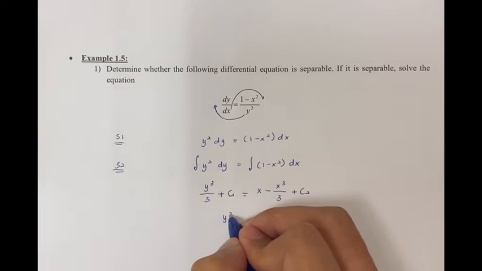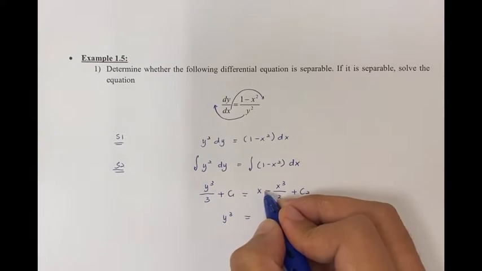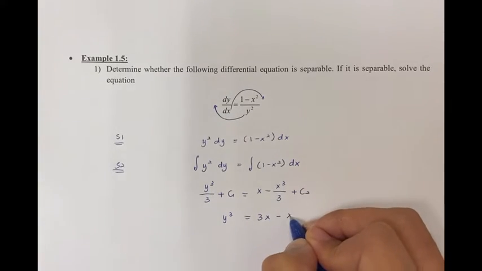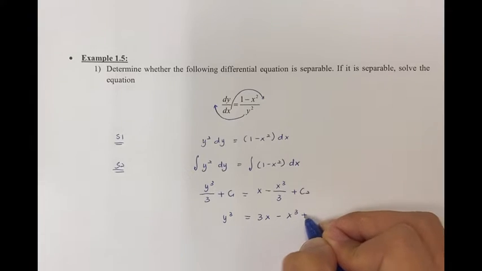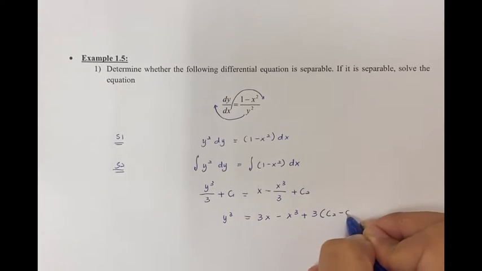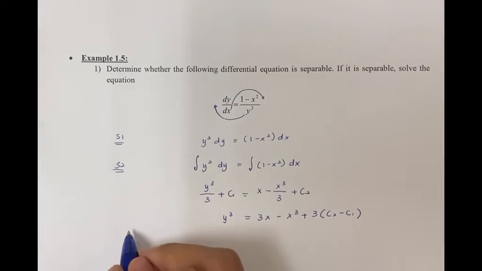So y cubed is equal to, moving 3 to the right hand side, 3x minus x cubed plus 3c2 minus c1. Then you can move to the last step.